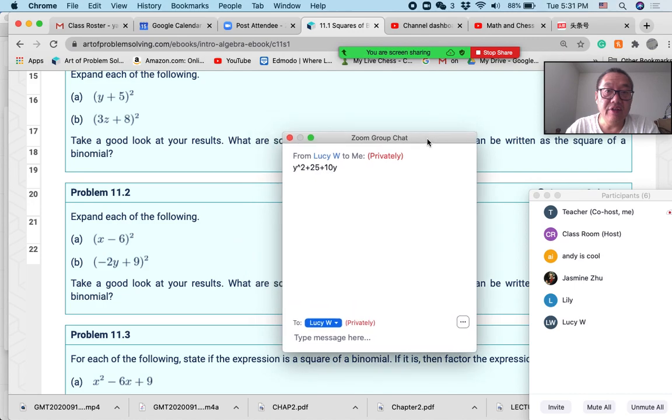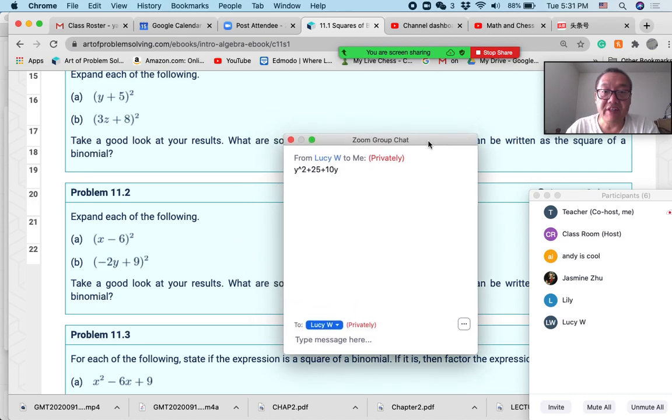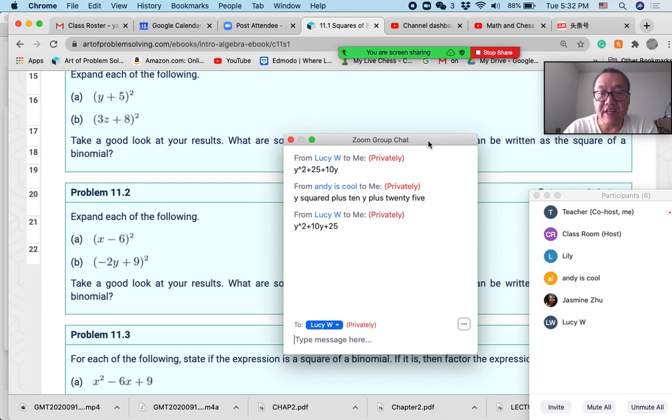Okay, Lucy got correct, but Lucy, usually we prefer to write the terms from the highest order to the lowest order. So that means you need to put your linear term in the middle. Yes, like that. Yeah, very good.